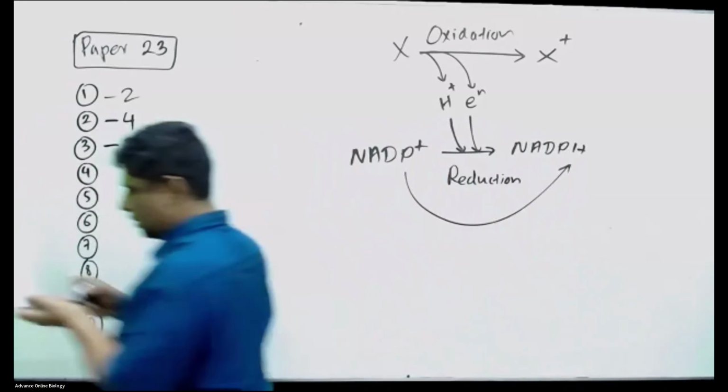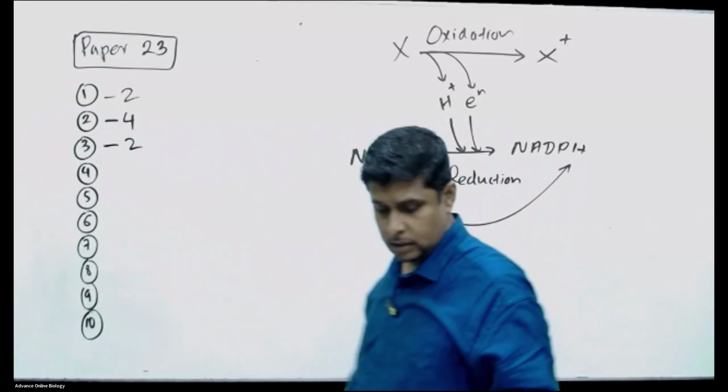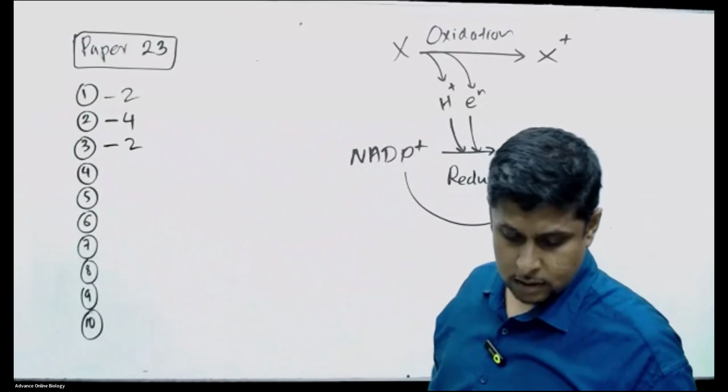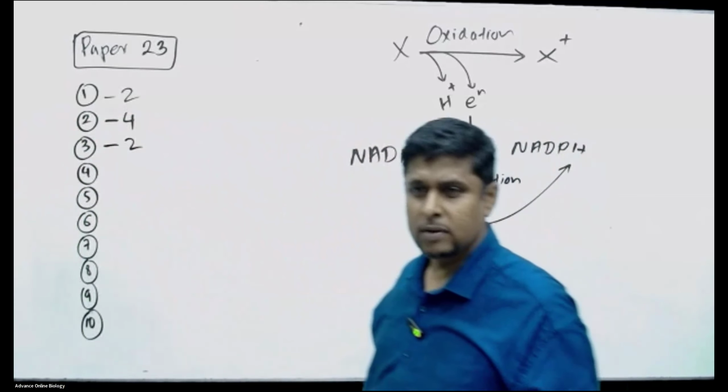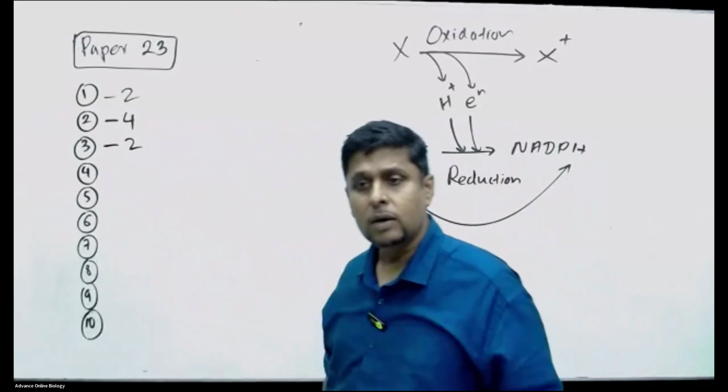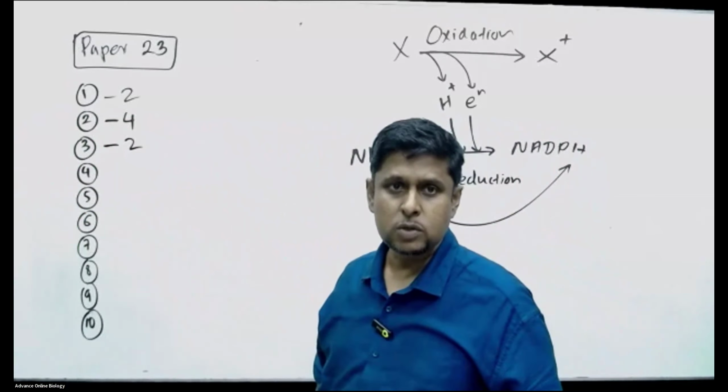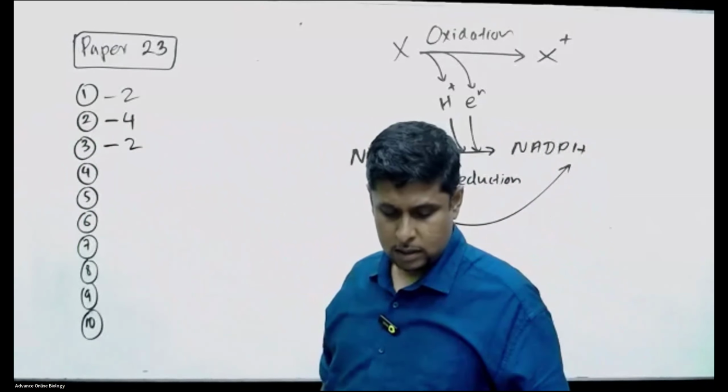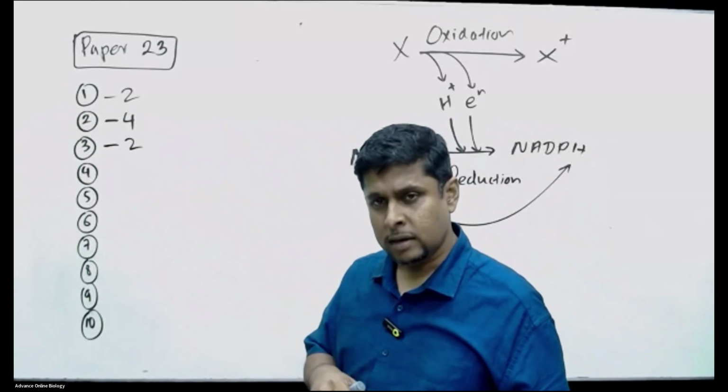This last statement, the fifth one, is not wrong. GTP is a nucleotide, but it's not a simple nucleotide. GTP means guanosine triphosphate, like adenosine triphosphate.